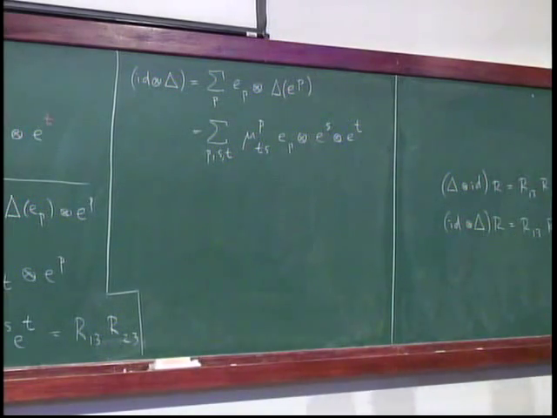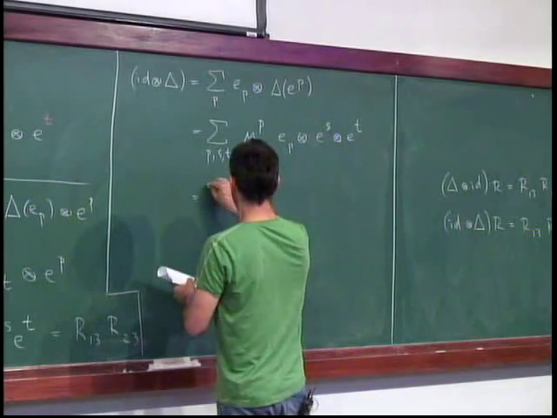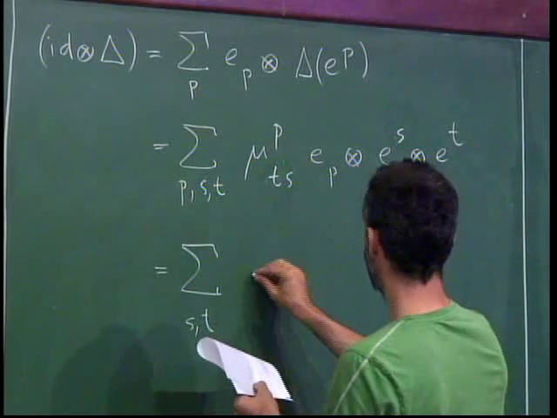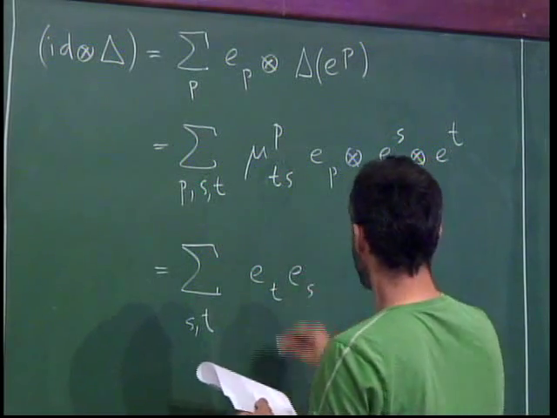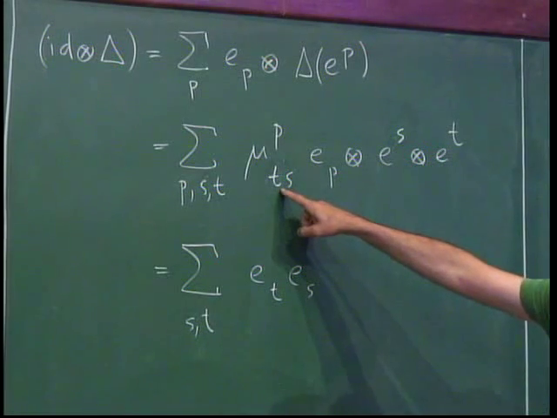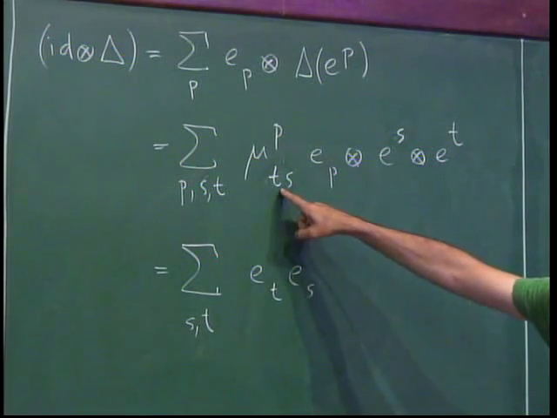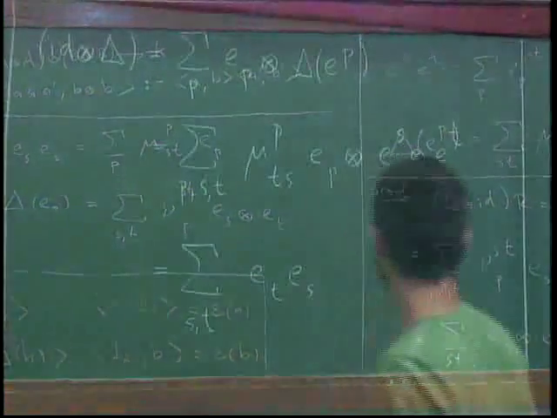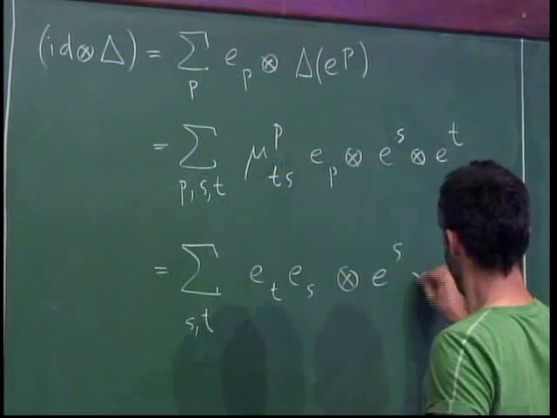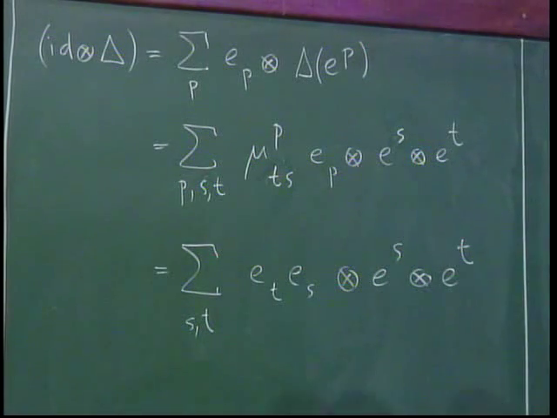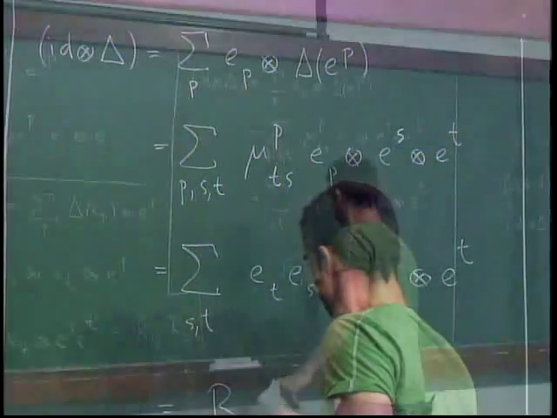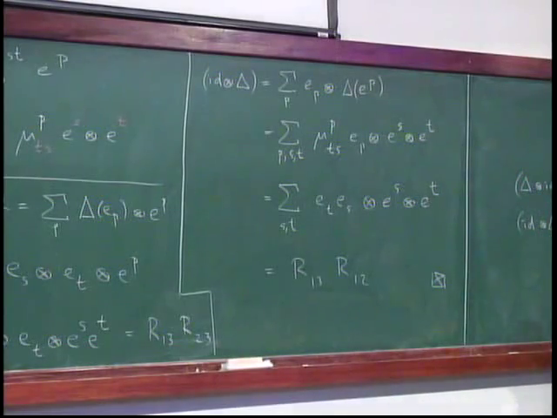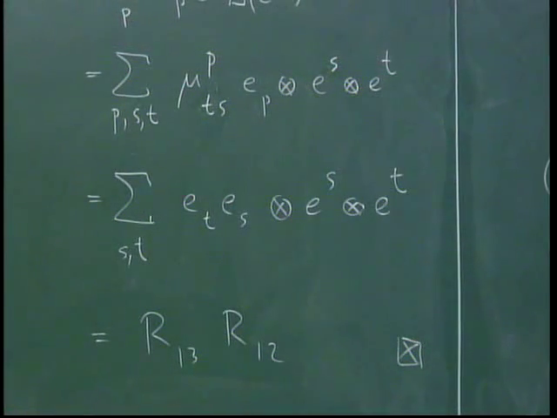And then that's a sum over ST. Now it's ET, ES, because they show up in that in the other order. And that is exactly what you want. So it's just super easy.